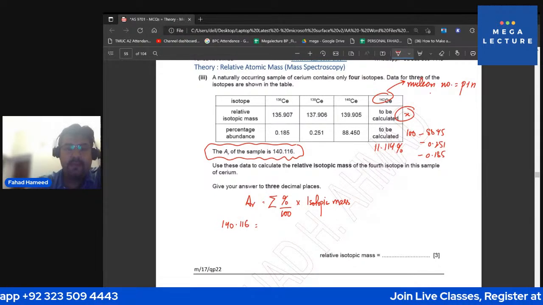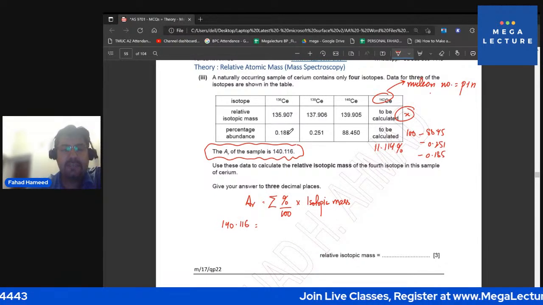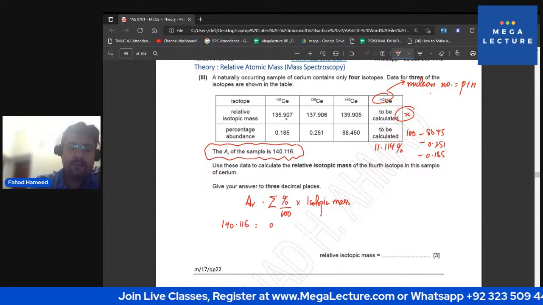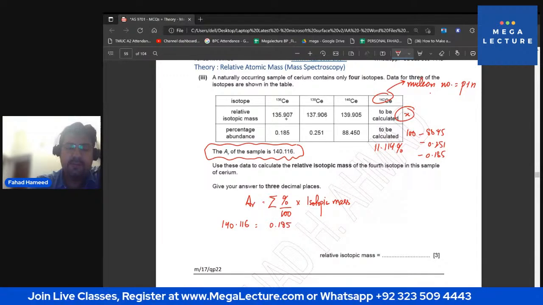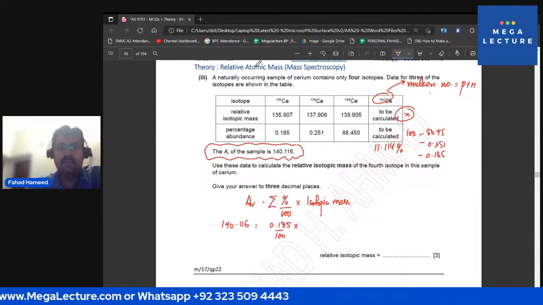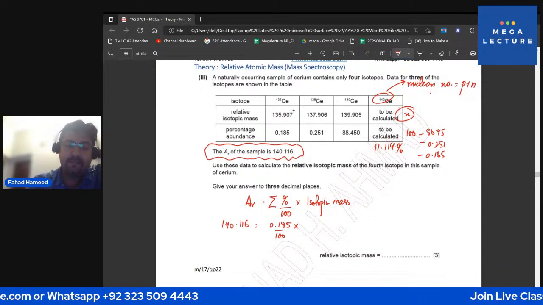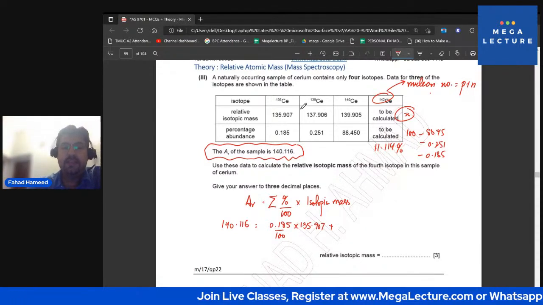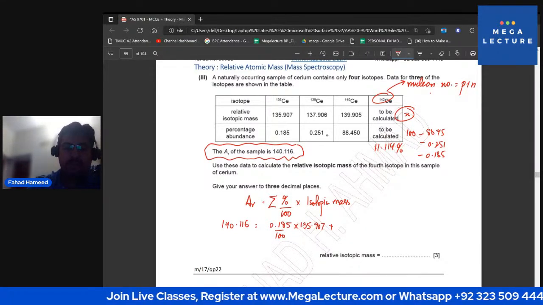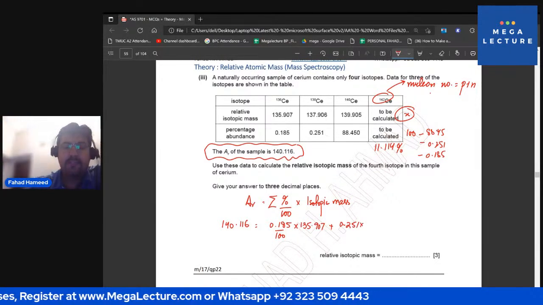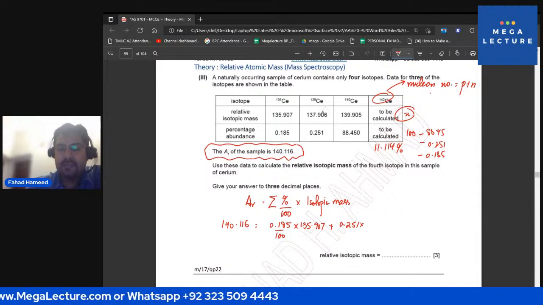The percentage multiplied by the isotopic mass: that's 0.185 multiplied by, that's the first one, divided by 100, into this 135.907, plus the percentage, which is 0.251, multiplied by 137.906.